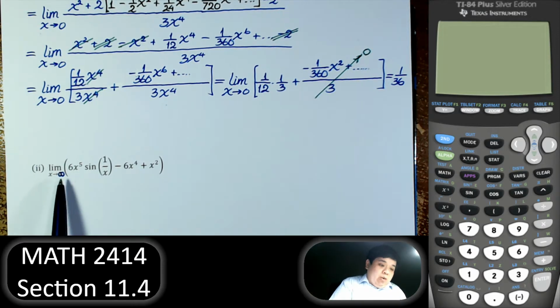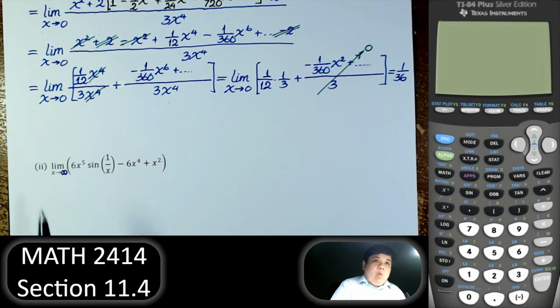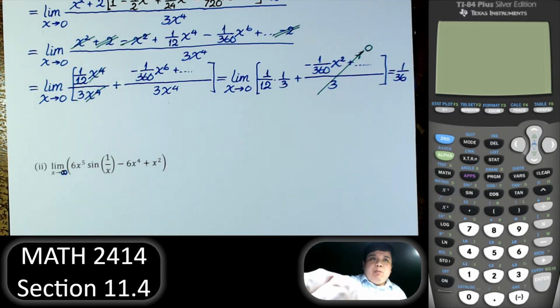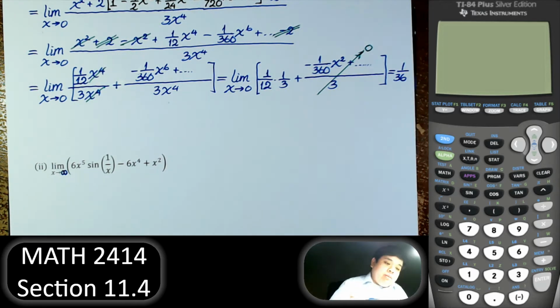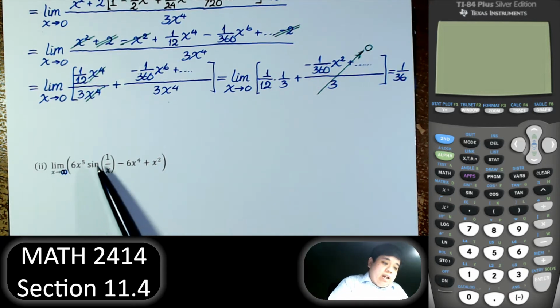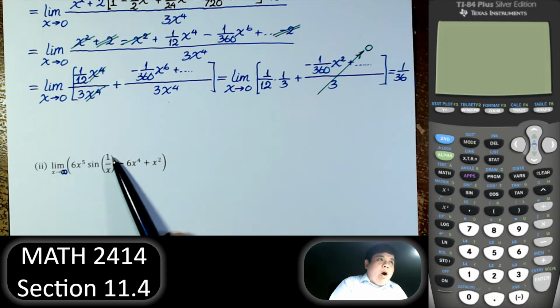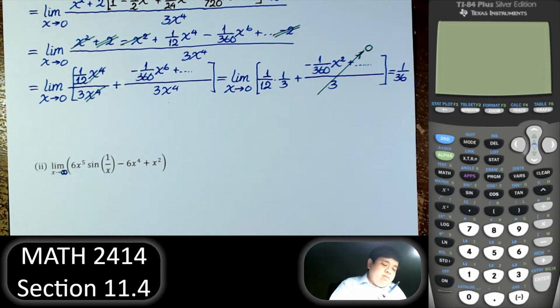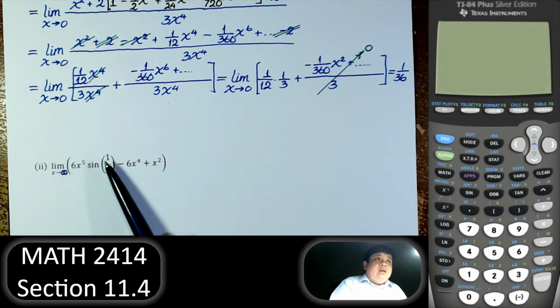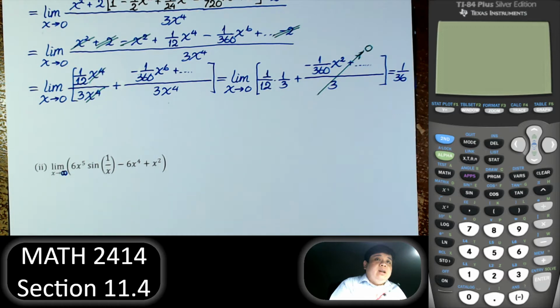Next, when I brought this out, I realized that this should be infinity. So don't worry, I changed the notes and posted them on the Google Drive. Anyway, what do we do here? If we put infinity in here, 1 over infinity is 0, so we have sine of 0.